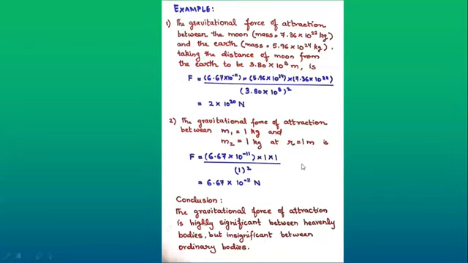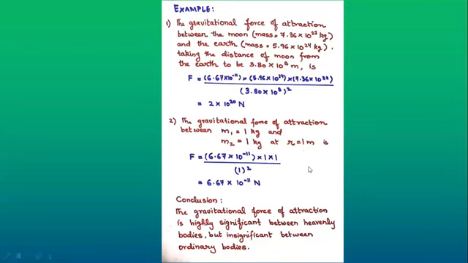Why am I saying so? Let us see in comparison a calculation of force between any two masses on the surface of Earth. These were the heavenly bodies. Let us say on the surface of Earth we have mass 1 of magnitude 1 kg, mass 2 of magnitude again 1 kg, and the distance between them is 1 meter.